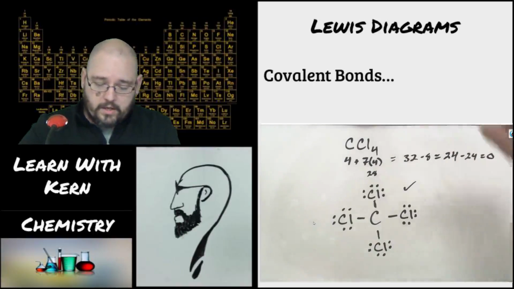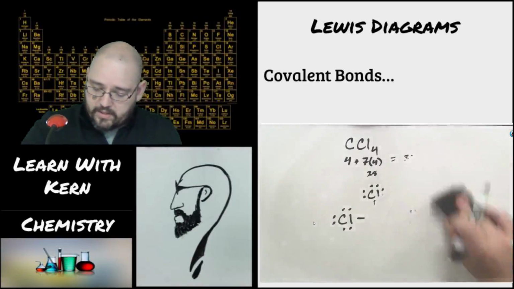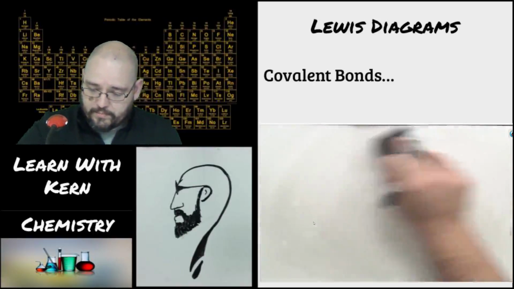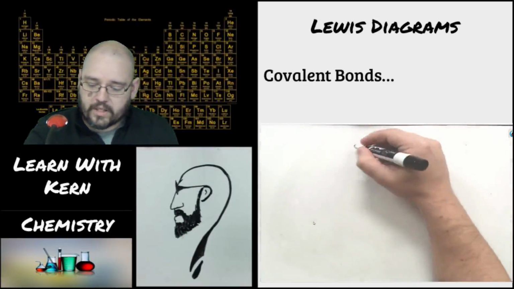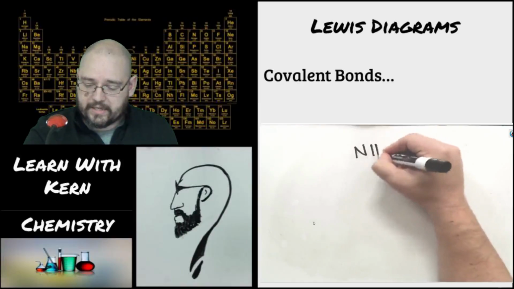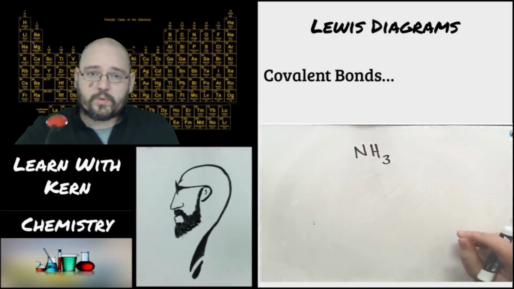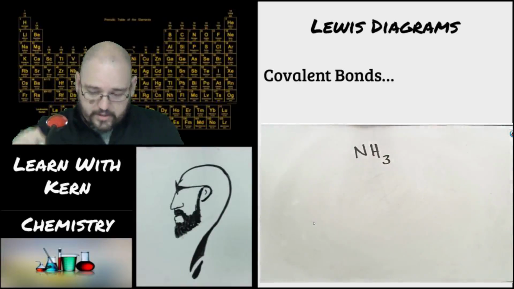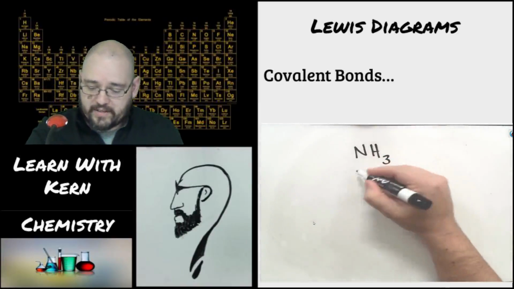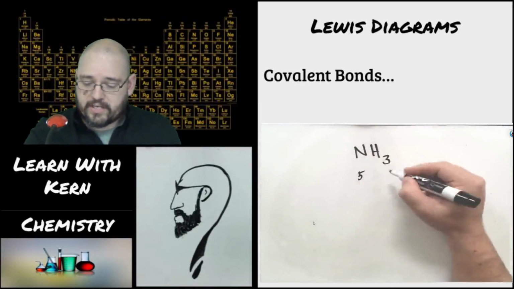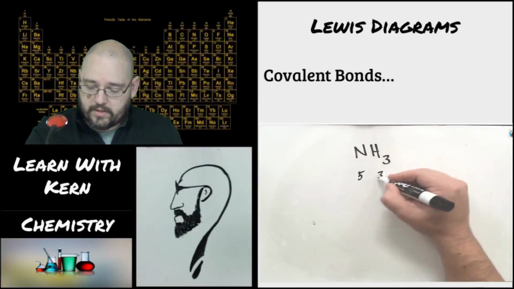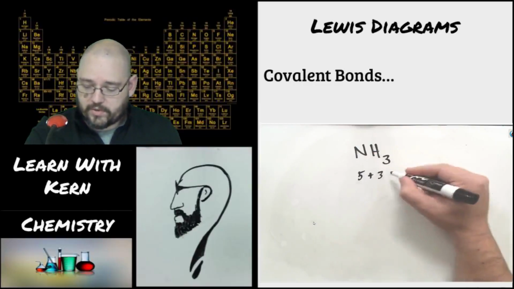All right. So what happens when it's not quite that simple? All right. Let's do NH3, otherwise known as ammonia. All right, so nitrogen has 5 valence electrons. Hydrogen has 1 times 3. All right, so that's 3.